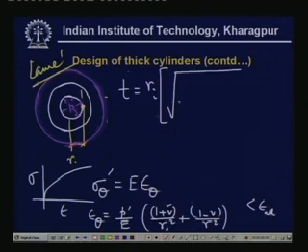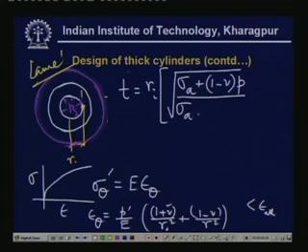So now if you use that, what you get is this form, that is sigma allowable plus (1 minus nu) times P divided by sigma allowable minus (1 plus nu) times P, minus 1.